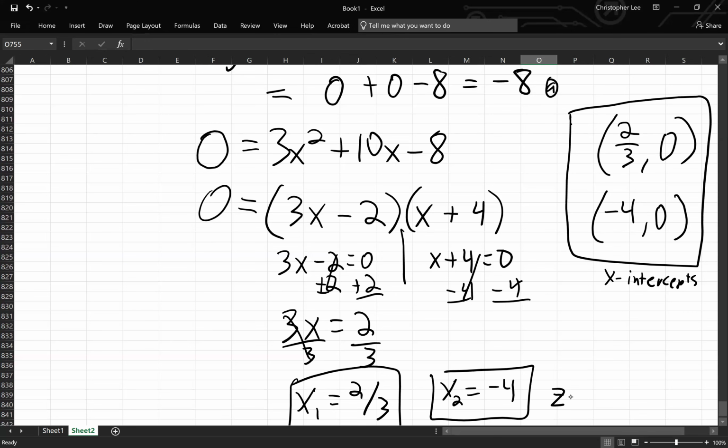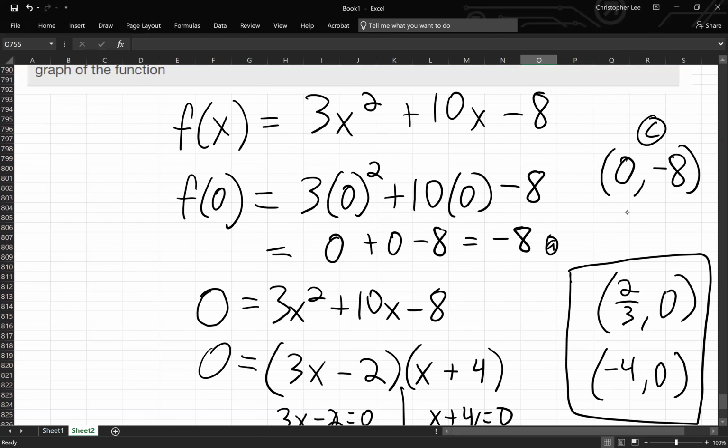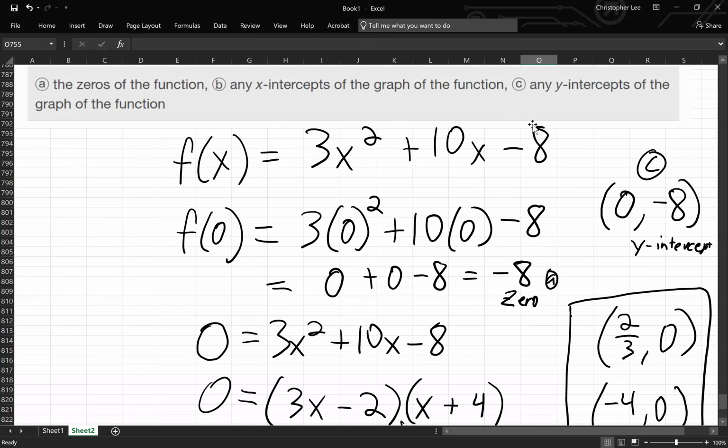And these are zeros of your function. This right here is your y-intercept. And this is a 0. All right, questions on this?